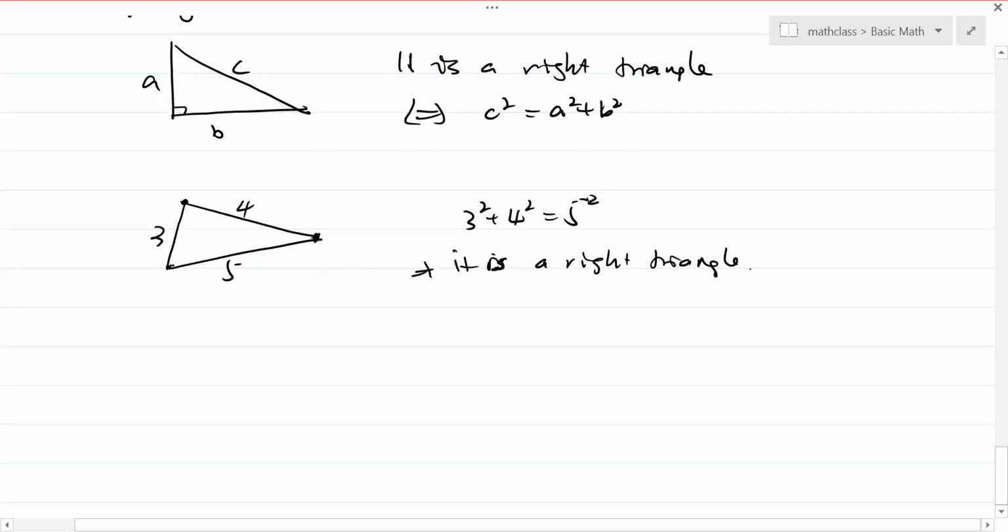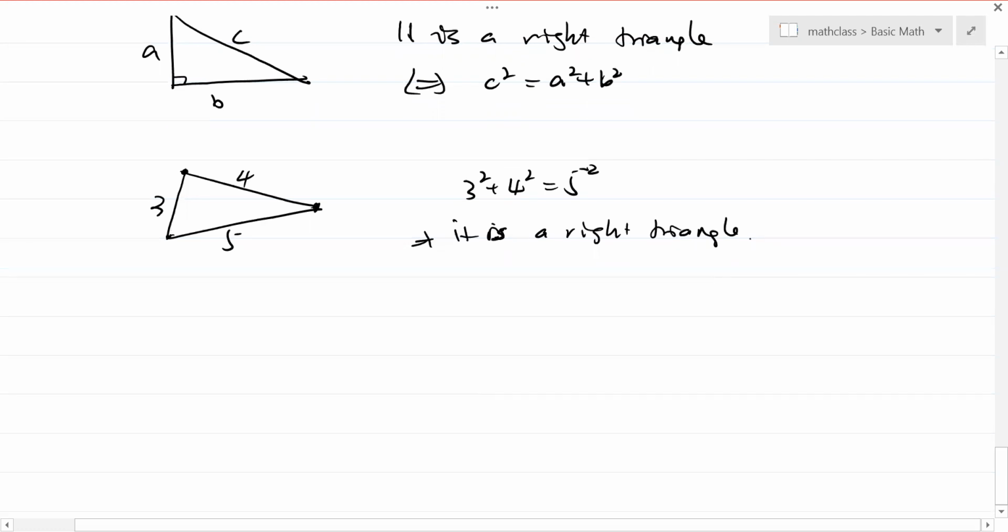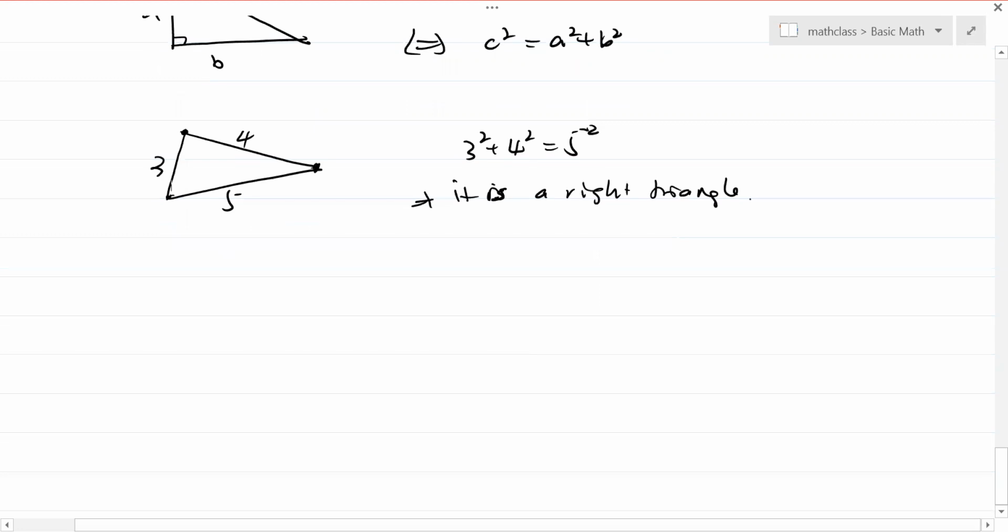So he said, "Oh, that's my discovery," and he wrote it down to record it. But he did not continue to do the experiment. Actually, there are many right triangles with integer lengths.